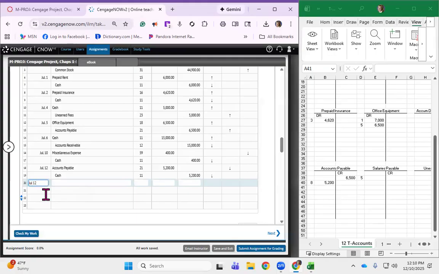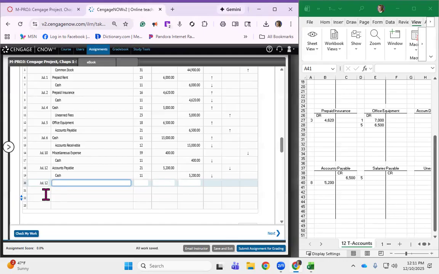Yep, so July 12th. Okay, recorded services provided on account for the period July 1st through the 12th, $13,300. Okay, I'm just trying to give you some tricks to improve your accuracy because I've made so many mistakes over the years.